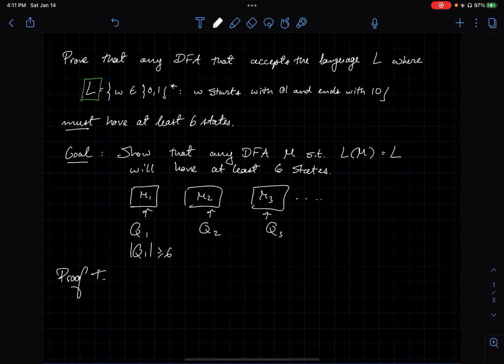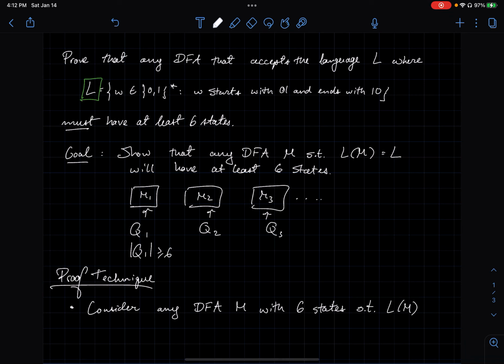So the proof technique is going to be the following, okay? So I'm going to consider any DFA M with 6 states, such that the language accepted by M is equal to L. So I say, consider an arbitrary machine, M, it's a DFA, and it has 6 states.